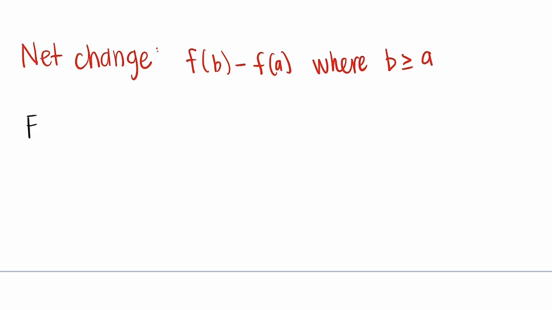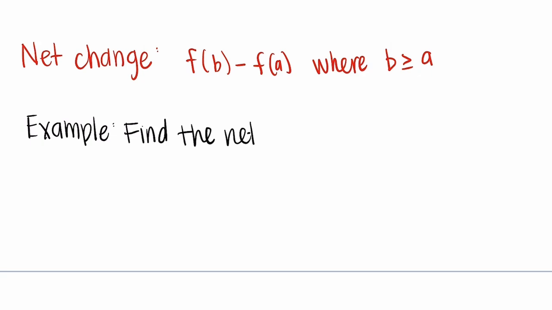So for this example, I want to find the net change. We're going to do 2 of these, but I'm going to do it with f of x equals x squared. So I'm going to give 2.